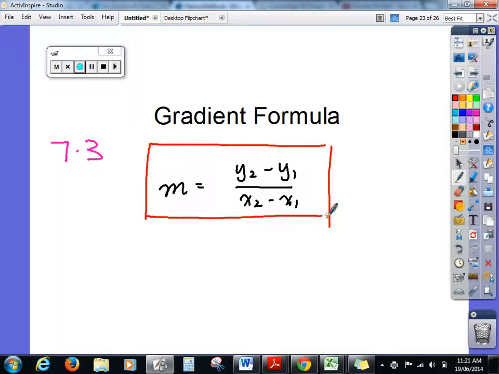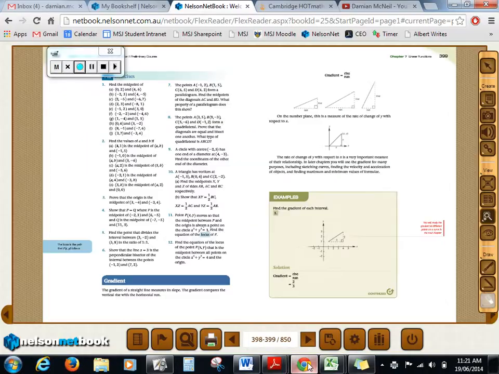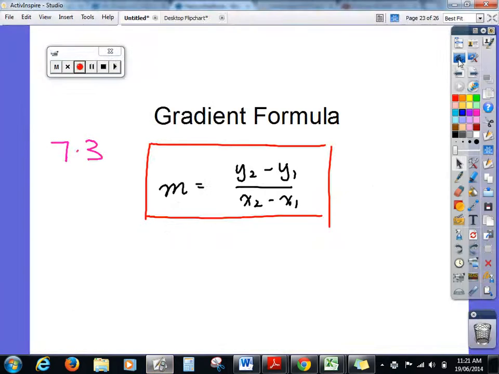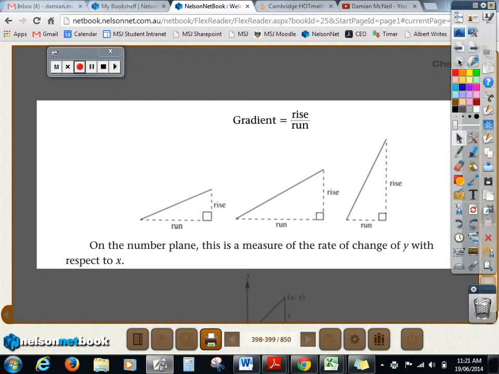Looking at what the gradient really is, the gradient is, as we know, the vertical rise over the horizontal run. The vertical rise in all these triangles can be steep or getting less steep.